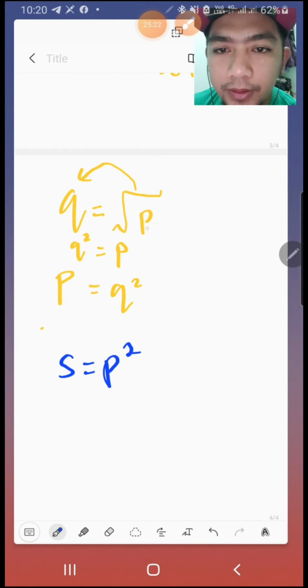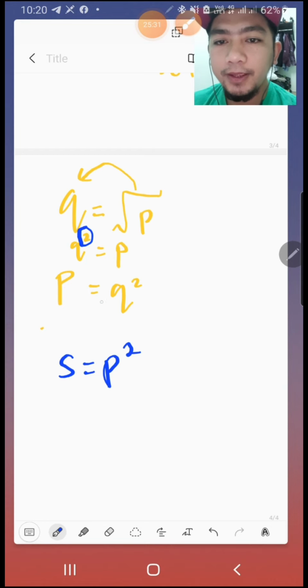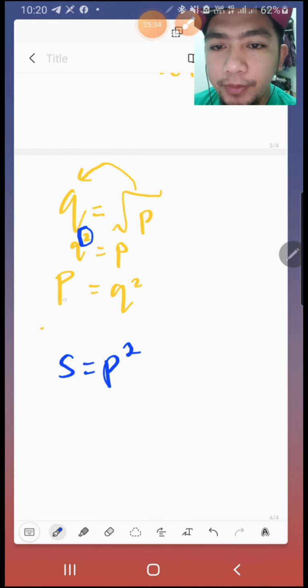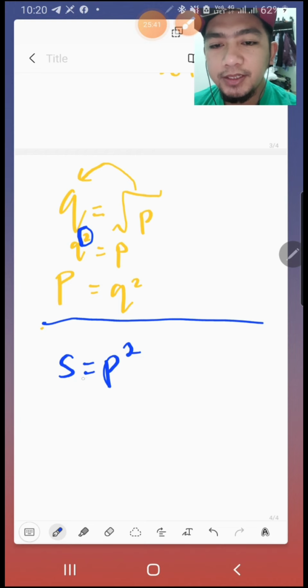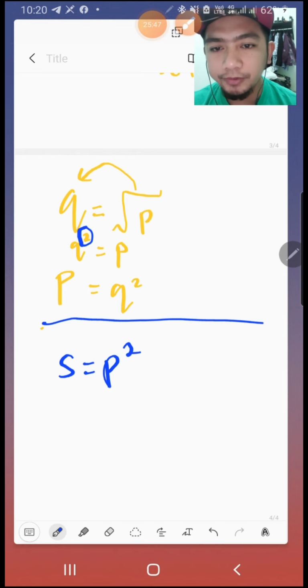So it's simple, just bring the square root to the left, and then the square root, when you bring it to the left, will become a square. Okay, so the subject of the formula here is P, and the variable is q square. So now the second example is S equal to P square. So make sure P is the subject of the formula.